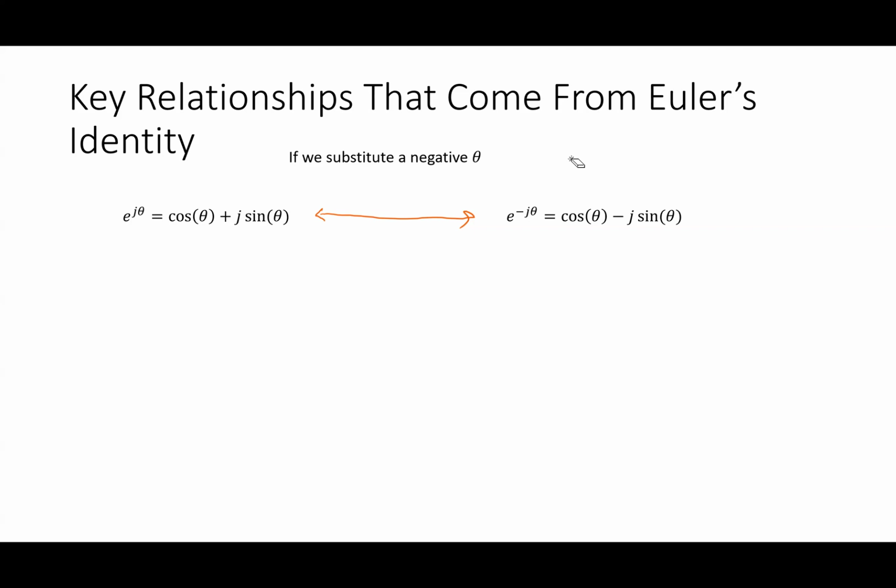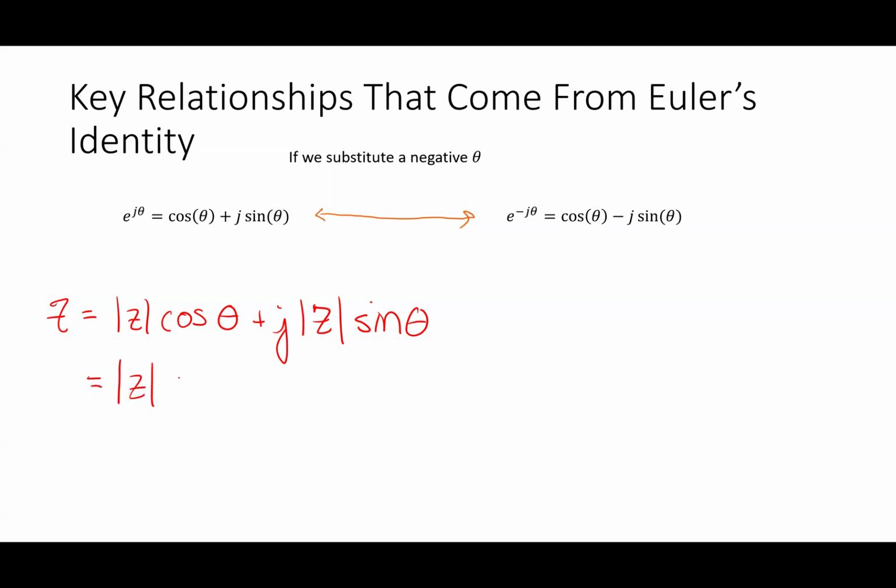So what we said last week, in general, a complex number, the way I'm writing this is Z. I said Z is equal to the magnitude of Z cosine of the angle plus J magnitude sine of the angle. That's one way to write this.